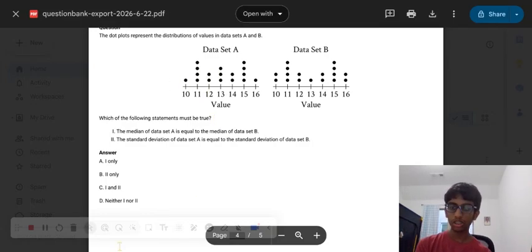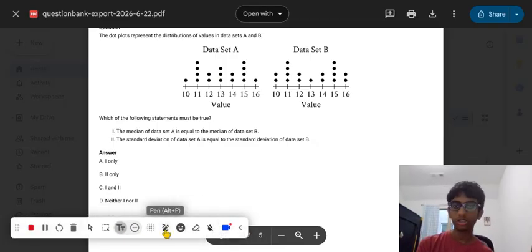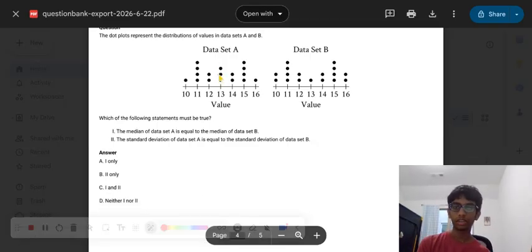So this dot right here would be our median. And right here, it would be this dot right here, that's the median, okay? So if we look at this, we see that the median value is going to be 13. So that means that the median of set A is equal to set B.